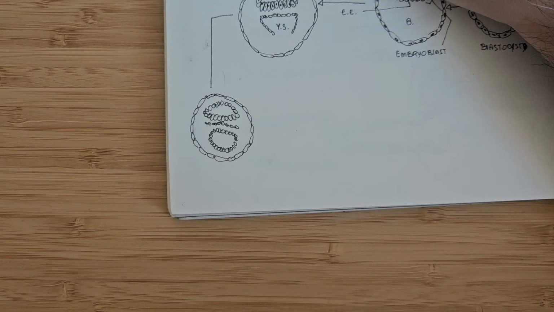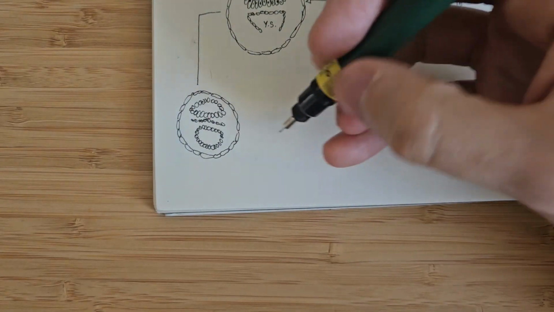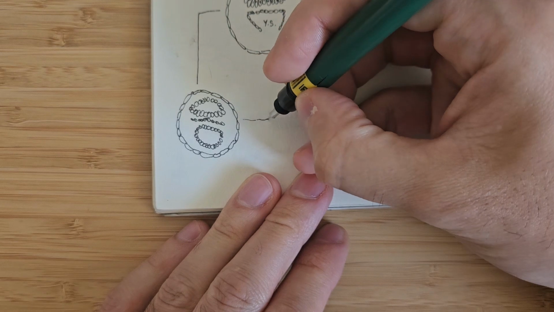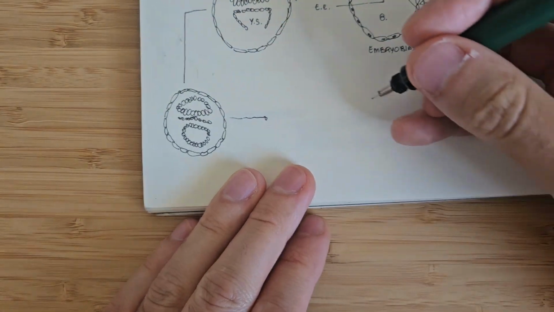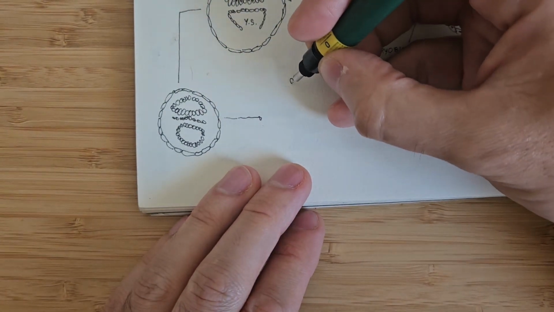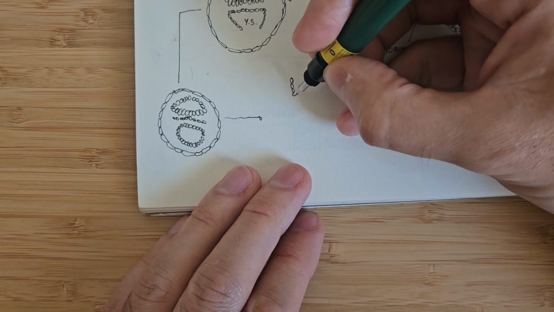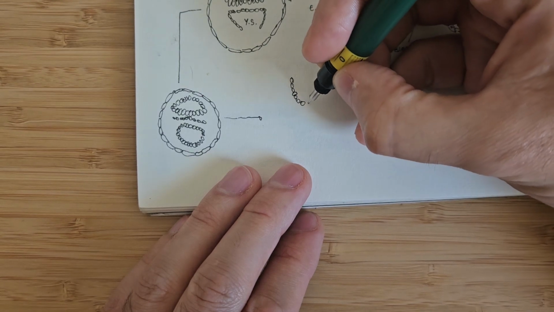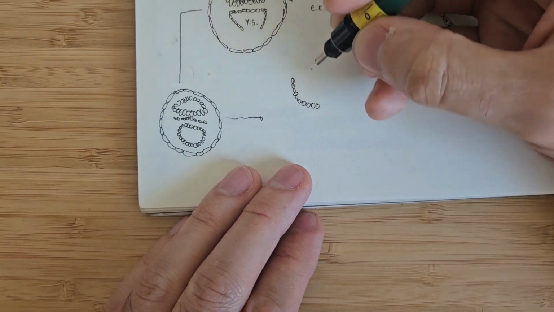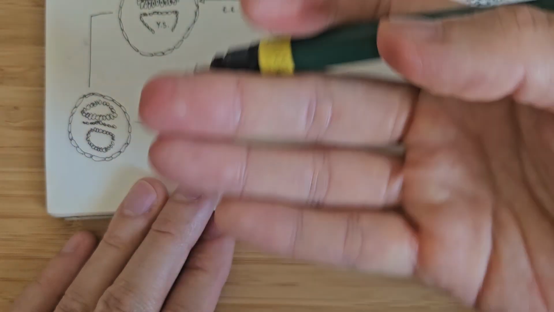Okay, what else? Now we have a more complex illustration, which I'm going to do differently. Imagine that you are seeing it from the side.